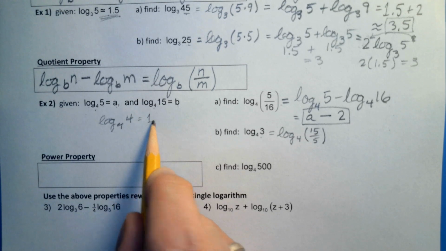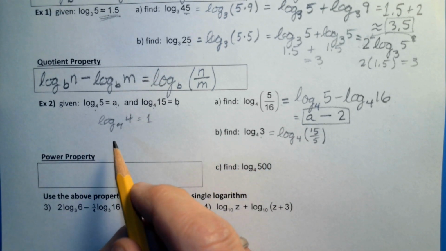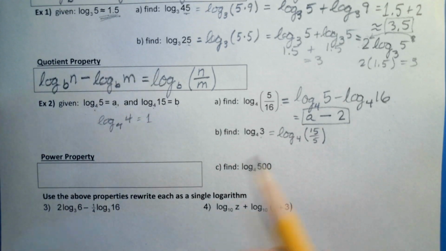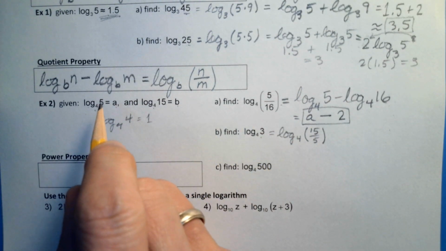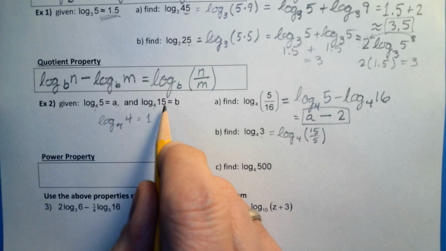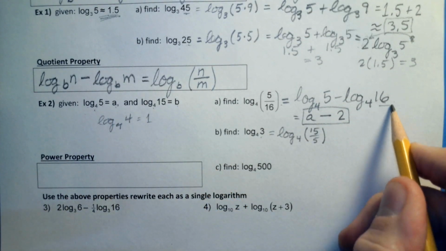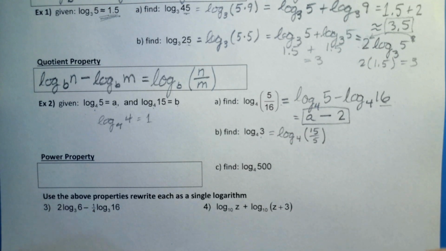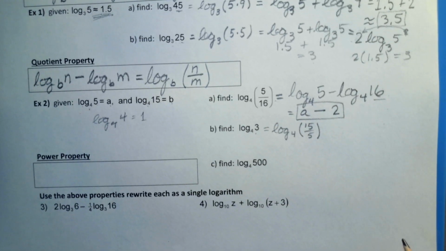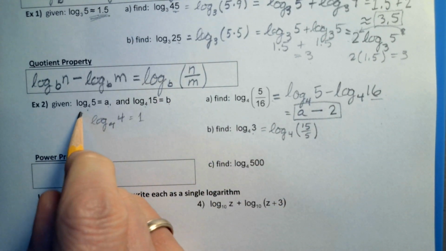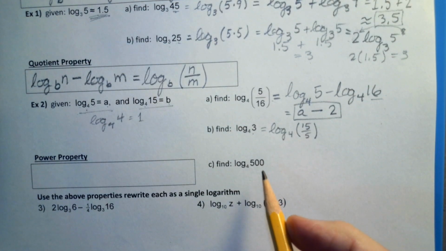We know that's 1, right? We know what log base 4 of 1/4 is, right? So we know some things. We don't have to be given everything, but we're given the argument of 5 and 15, but we can also do 16. We can also do other multiples of 4 that would be able to simplify without having to be given an actual value for them.